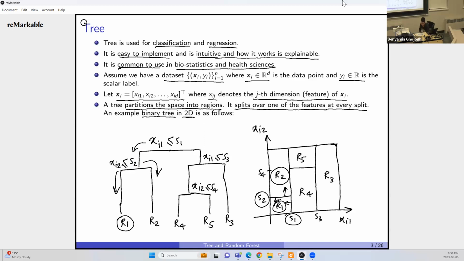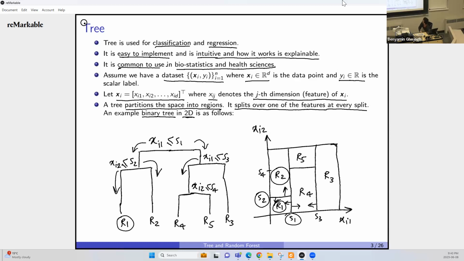Now consider we are greater than s1. So we are in this direction, and xi1 then is less than or equal to s3, which is here. Note that in our splits, we might split over one feature twice, back to back. It doesn't mean we have to alternate between the features. So here we say greater than s1, also here we say less than s3. We come here.